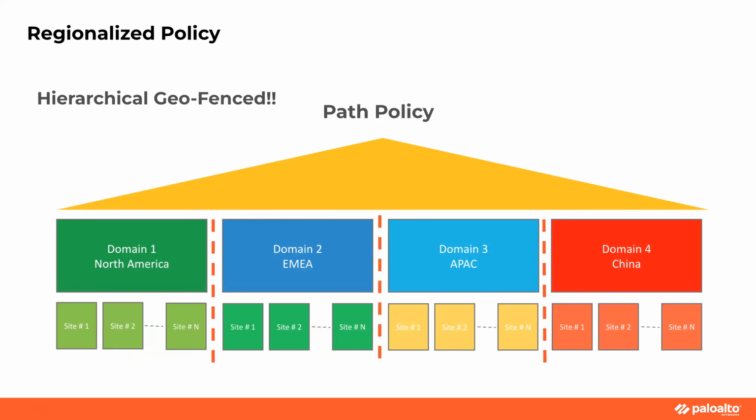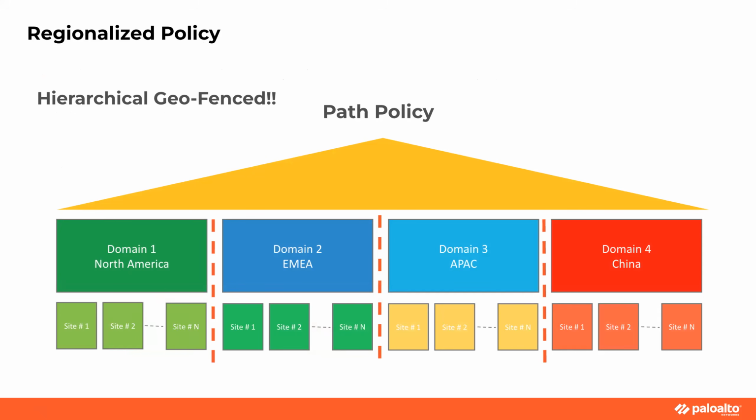Another benefit of this configuration model is that you can also create domains within the system, and domains can represent logical groupings or geographical groupings. That way you can have a set of branches and data center groups based on your business requirements.